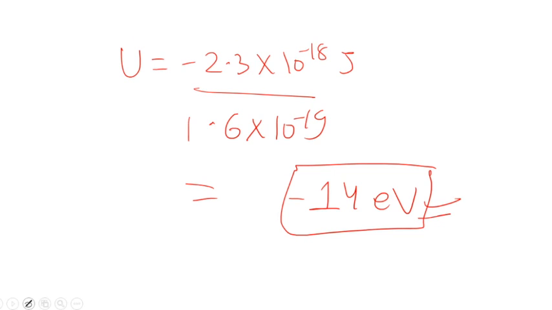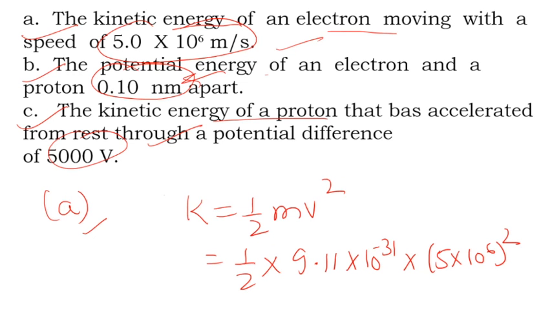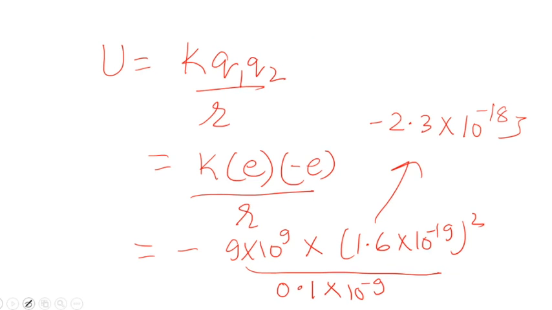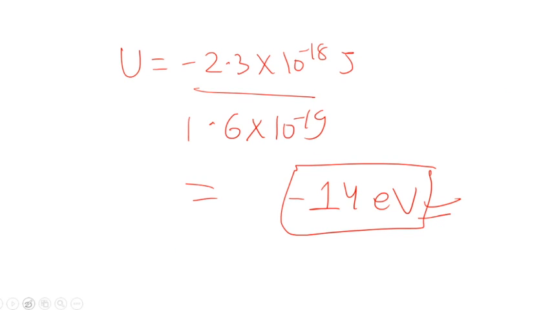Okay. Next, we have to find the kinetic energy of a proton that has accelerated from rest through a potential difference of this. Okay, so we have to calculate the kinetic energy. So you know the change in potential energy, there is 5,000 volt potential difference.